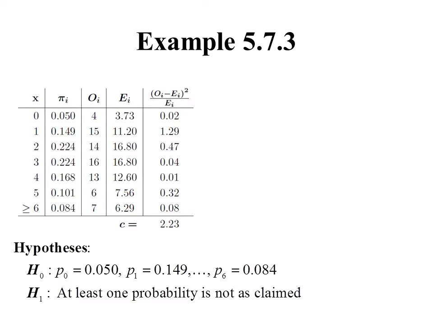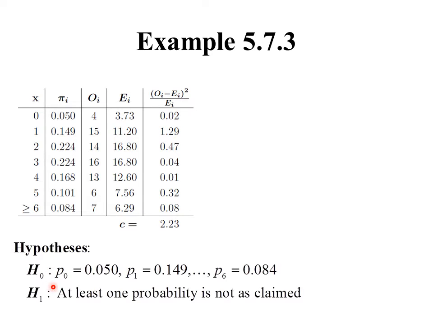Now, let's formally state our hypotheses that we're testing here. The null hypothesis is the statement that P0, that's the actual probability of 0 dots, is equal to the claimed probability of 0.05. And P1, the actual probability of getting exactly 1 dot, equals 0.49, the claimed probability. And then P2, P3 up to P6 is equal to this.